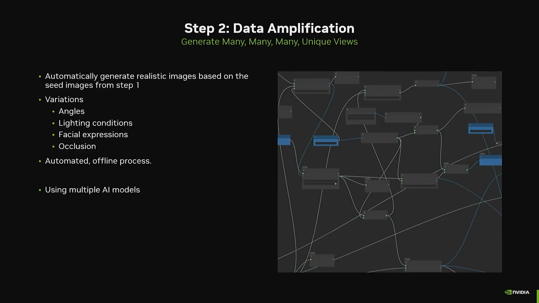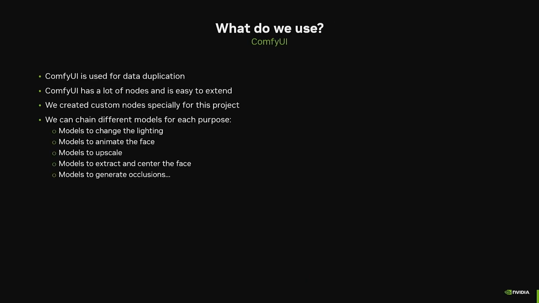So first, why do we use ComfyUI? I don't know if anyone here is familiar with ComfyUI, but it is pretty easy to extend and create custom nodes. This is what we did for this project. And it is the perfect tool to train AI models.